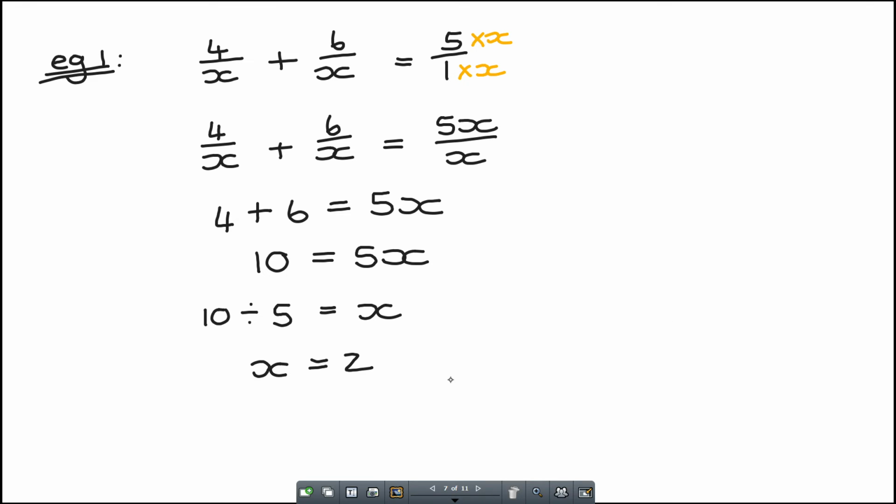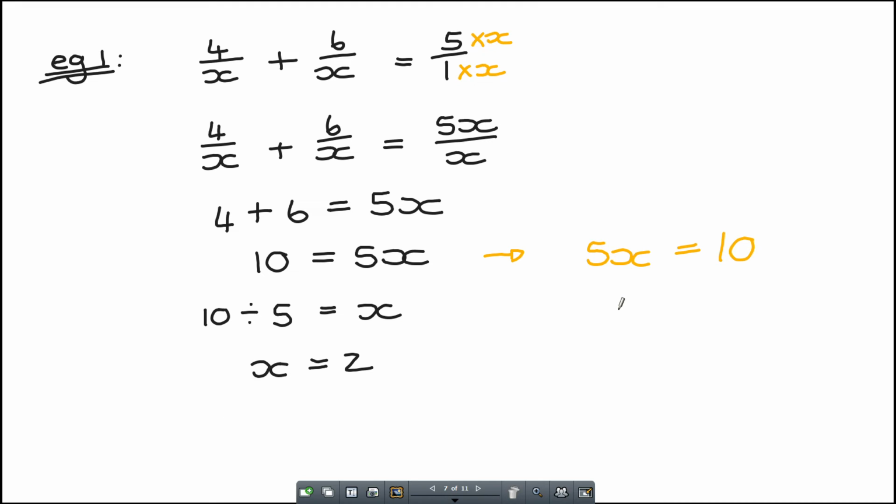Okay, if you want, that is the same as 5x equal to 10, if you read it from the back. Have a look.